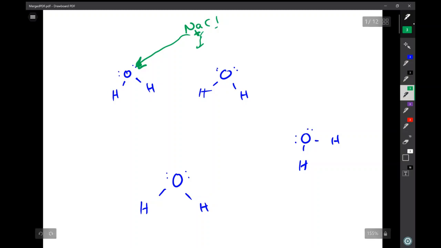Whereas chlorine, which is negative, is going to be attracted to the hydrogen end. So when you dissolve your sodium chloride, you're going to see sodium ions hovering around the oxygen, and chloride ions hovering around the hydrogen. They're just attracted, positives and negatives, just as they should be.